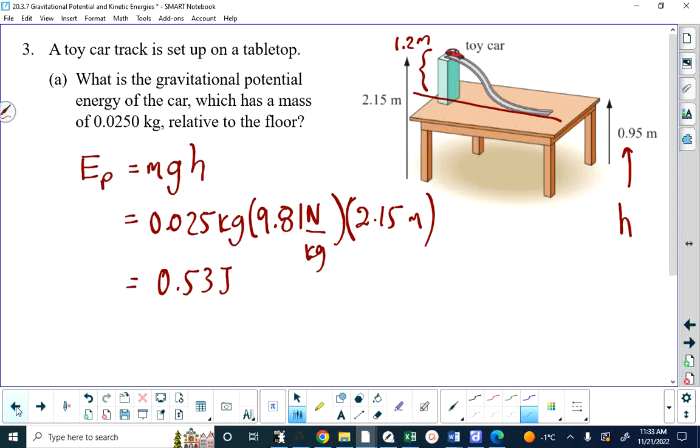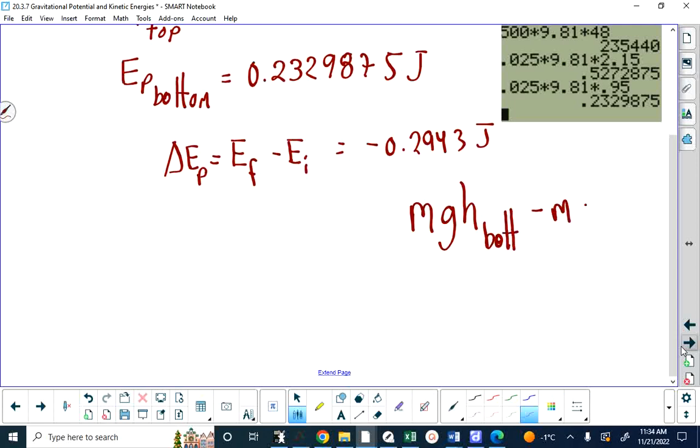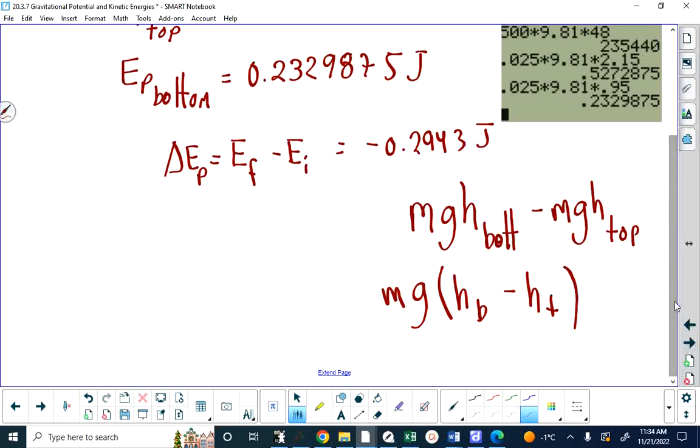In other words, for this question, everybody, rather than going mgh at the bottom minus mgh at the top, you can factor the mg out and just write mg delta h. Take the height at the bottom minus the height at the top, and then multiply by mg.